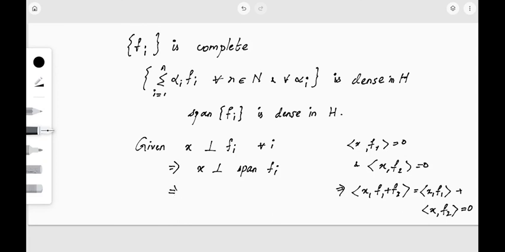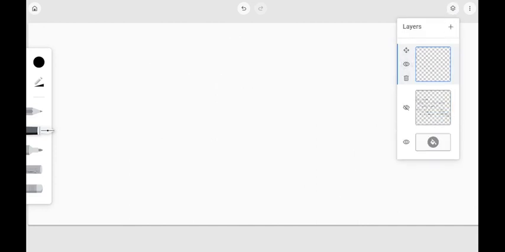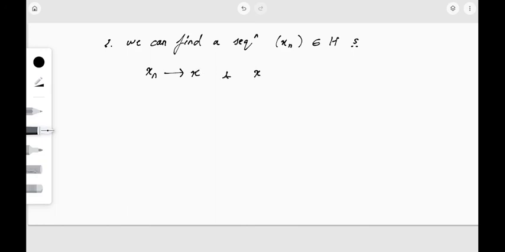Now we had seen that since the set Fi is complete, span of Fi is dense in H. So from this we can conclude that x is orthogonal to a dense set in the space H. Now if x is orthogonal to a dense set, we can find a sequence xn in H such that xn converges to the element x and xn is orthogonal to x for every n.